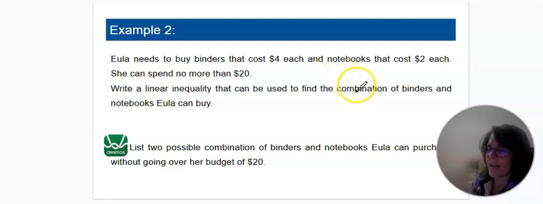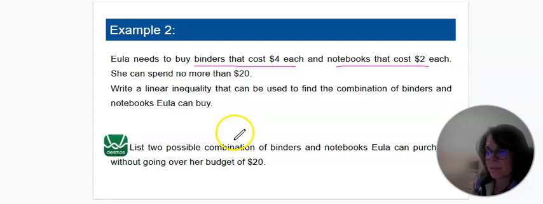Let's try another example together. In this one, Eula needs to buy binders, and they cost $4 each. Notebooks cost $2 each. Seems like important information. Binders are $4, notebooks are $2. She can spend no more than $20.